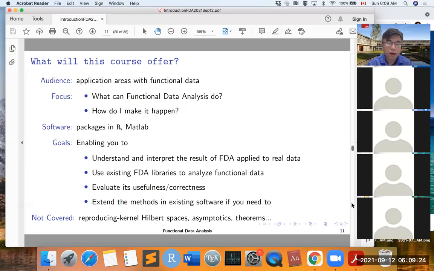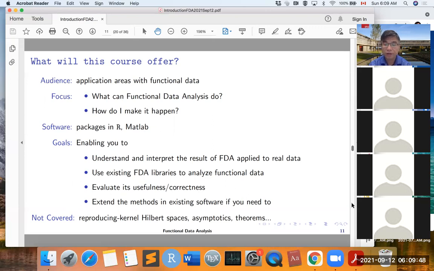I will run all the FDA code in R. There is also a MATLAB package for functional data analysis.